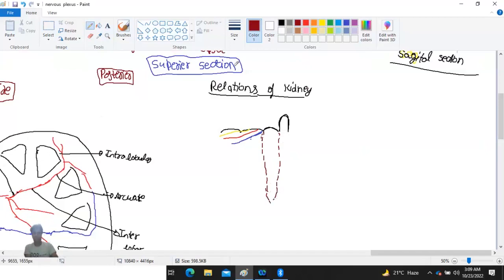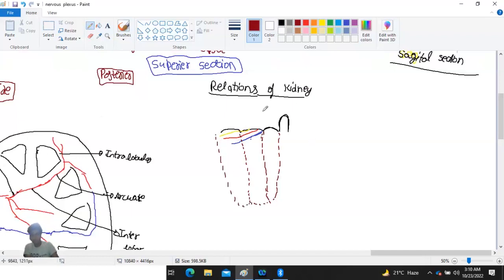Then more laterally, another muscle called quadratus lumborum, and another is transversus abdominis. These are three muscles.